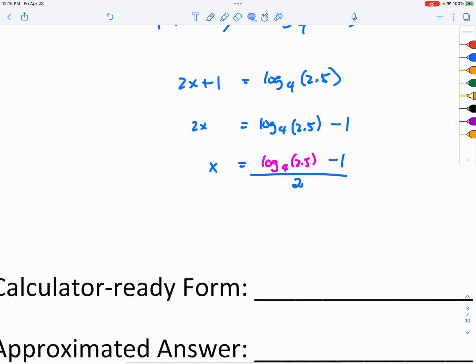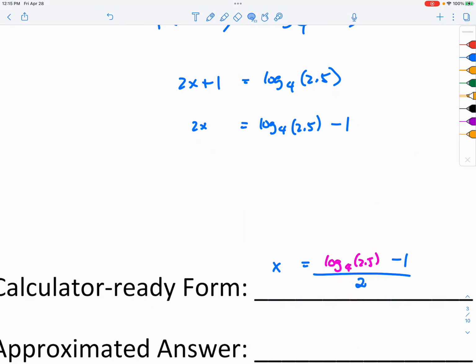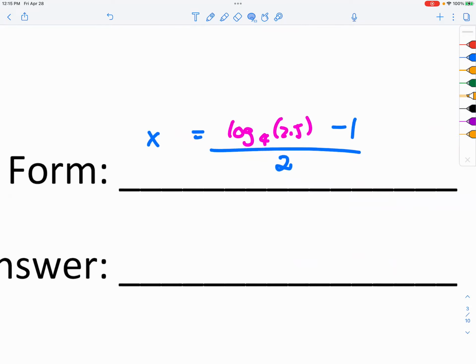And you may now go ahead and type this into your calculator to find out what the answer is. But when you type into your calculator, let me remind you, this whole thing is a numerator. So if you want to type all things in one single step, use a pair of parentheses. Here's another thing about people using calculators. The people who love to use calculators usually are the ones who don't know how to use a calculator, because they just give up their brain to use a calculator.